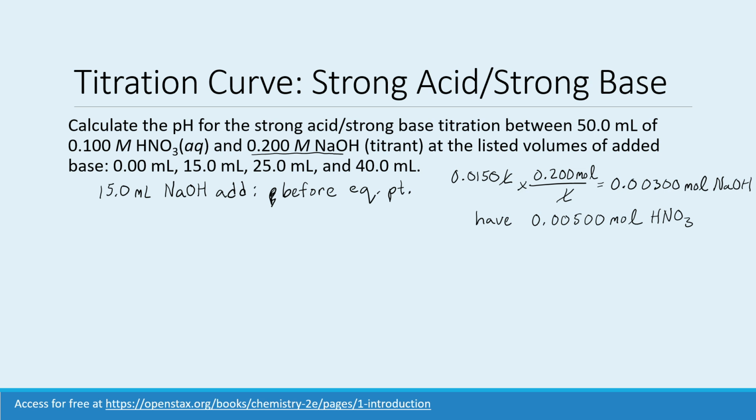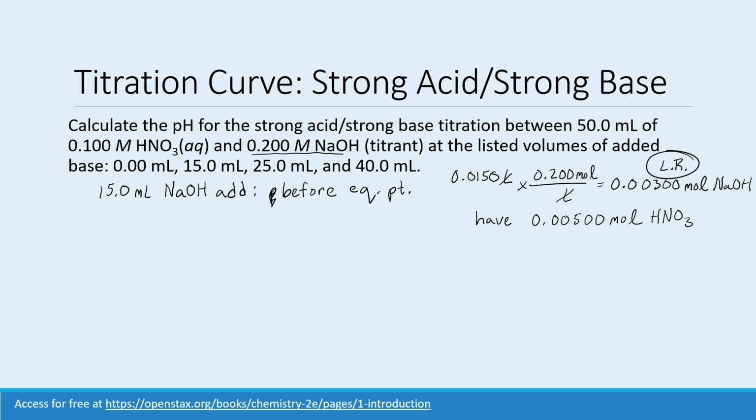And so in this case, the smaller of the two sets of moles, of course, is the sodium hydroxide. By definition, if we're before the equivalence point, it's got to be that titrant. So that is what we call our limiting reactant.